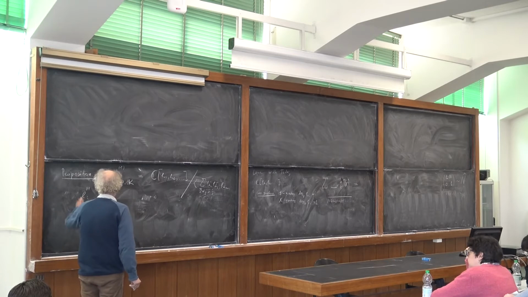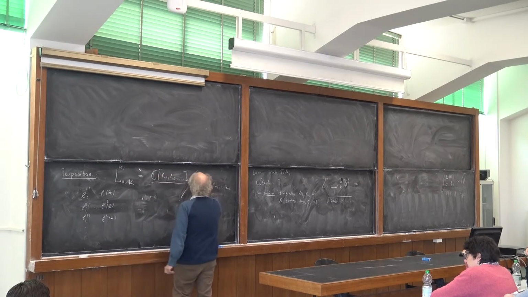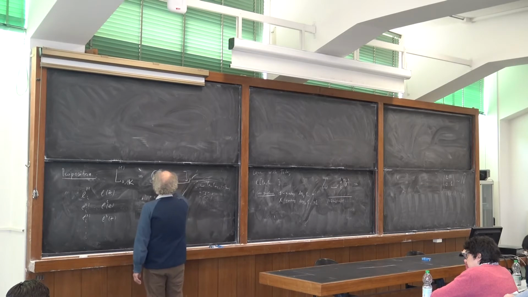If you have this, then inside this algebra we can make up a filtration. This filtration is the following. You have this algebra, a polynomial algebra.